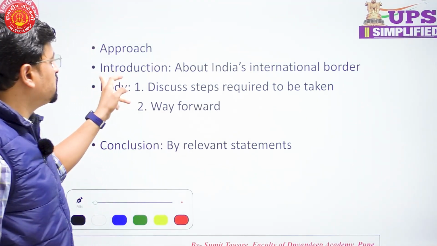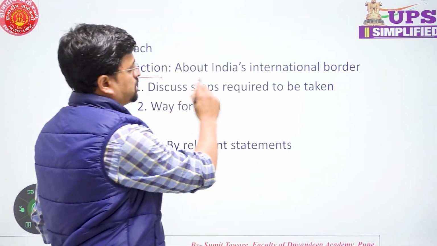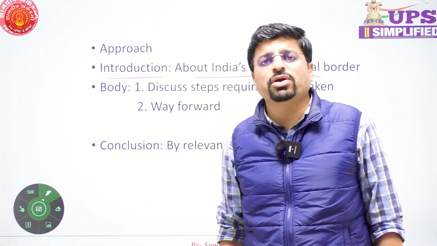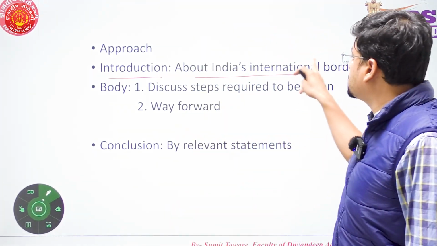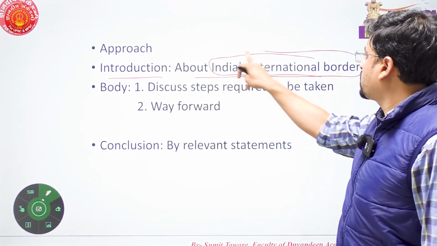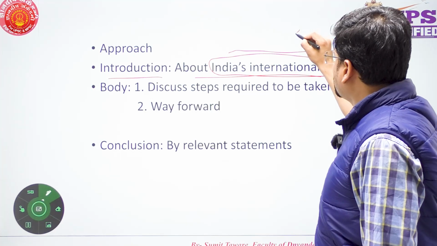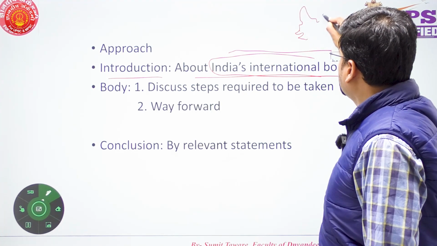In this question, in the introduction, we have to mention India's international border in a crude sense. Whatever information you have about India's international border, you can write it there, or you can also draw a map of India.